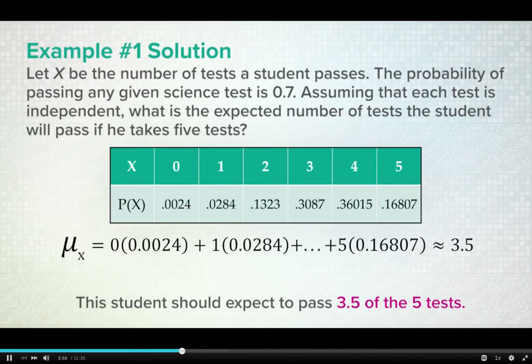But because this is a binomial situation, I could use the formula. The formula says just take n, which in this case is 5, and multiply it by the probability of a success, which is 0.7. So n times p, or 5 times 0.7, just equals 3.5. It does save us quite a bit of work, but remember, it only works for binomial situations.